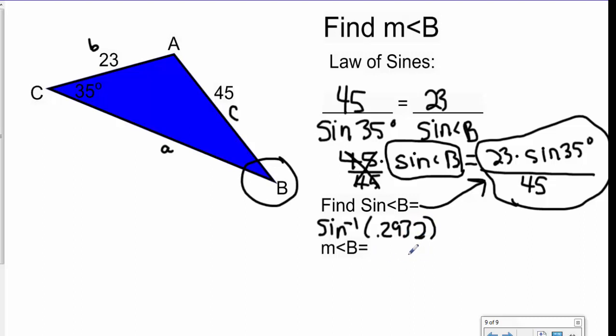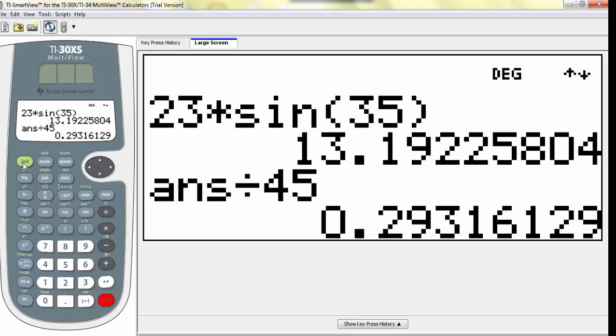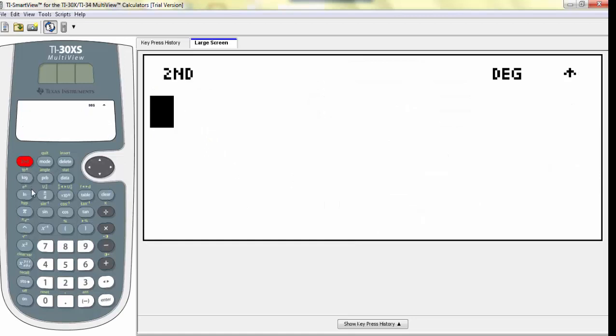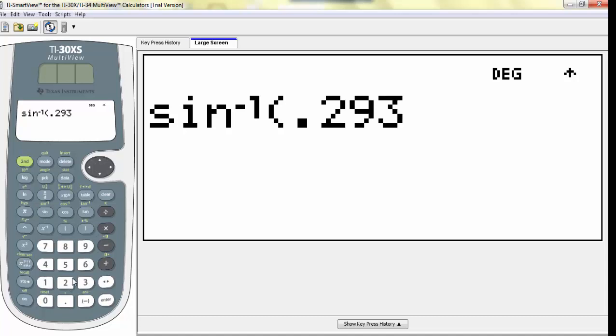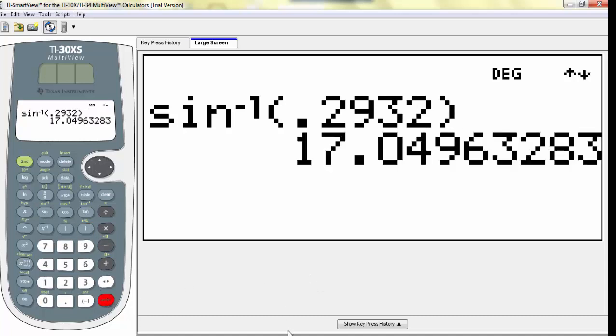Now we'll go to the calculator and put in inverse sine of 0.2932 to get the measure of the angle. Around 17 degrees is our answer.